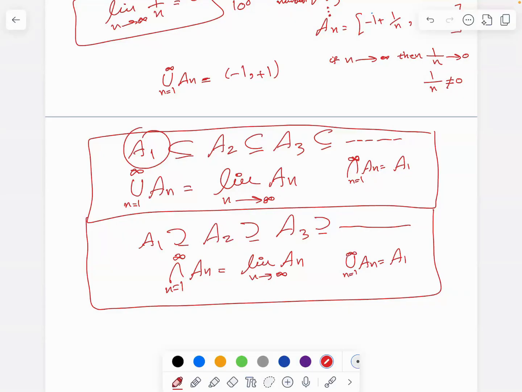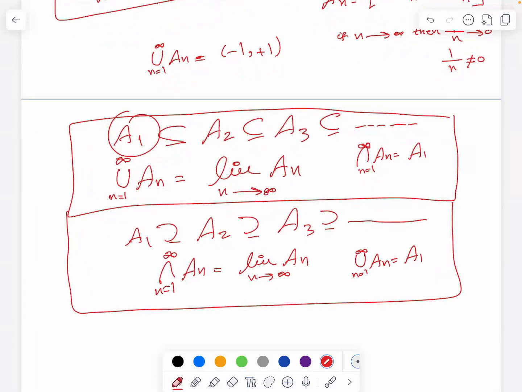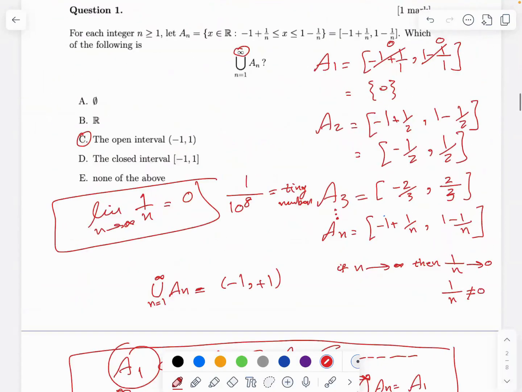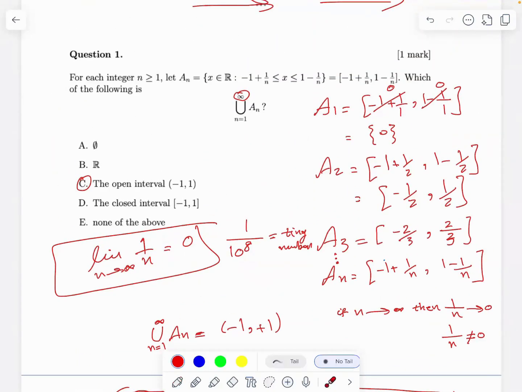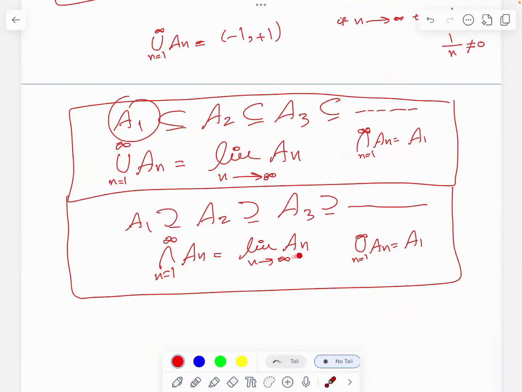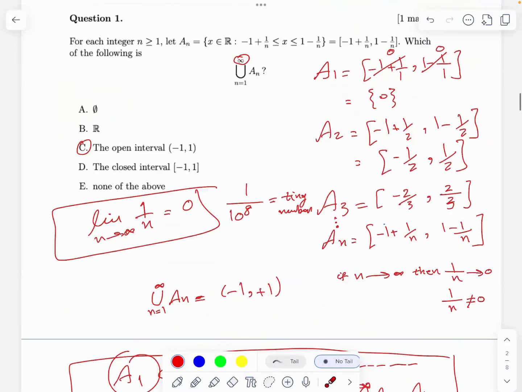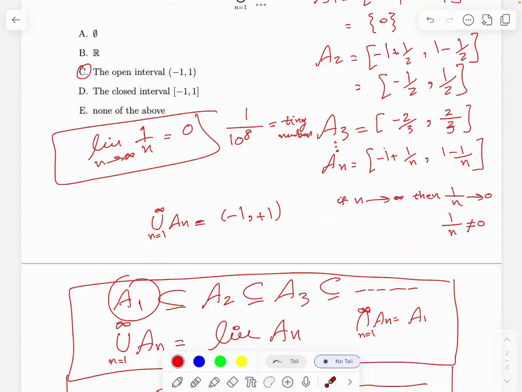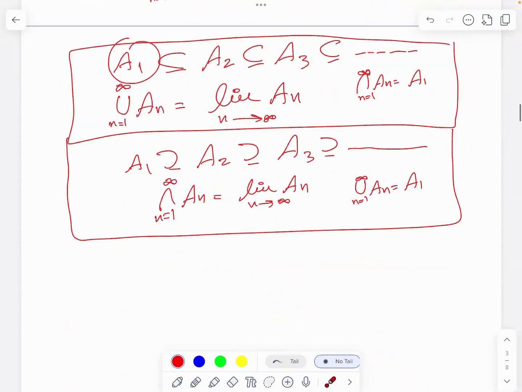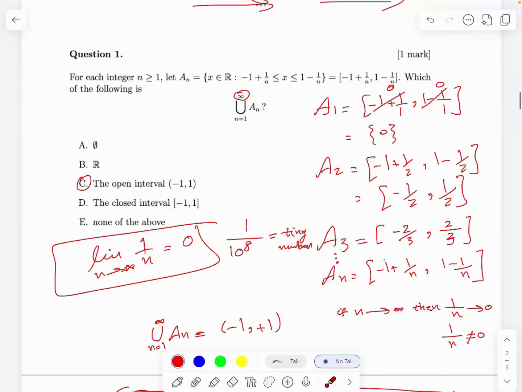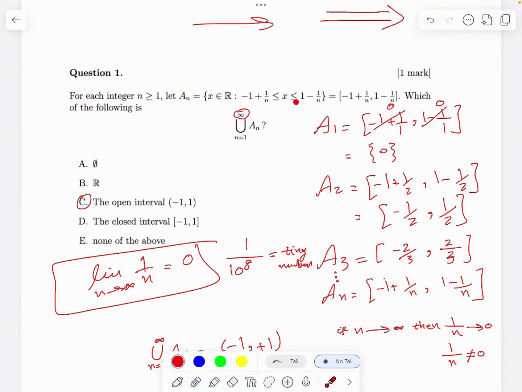Okay. Beg your pardon. Then, so let me understand. You said that the union of A_n is the limit of A_n, and the intersection of A_n will be the same, yes, but here it is decreasing. The set is getting smaller, smaller, smaller. Here, getting bigger gradually. Question, yeah.